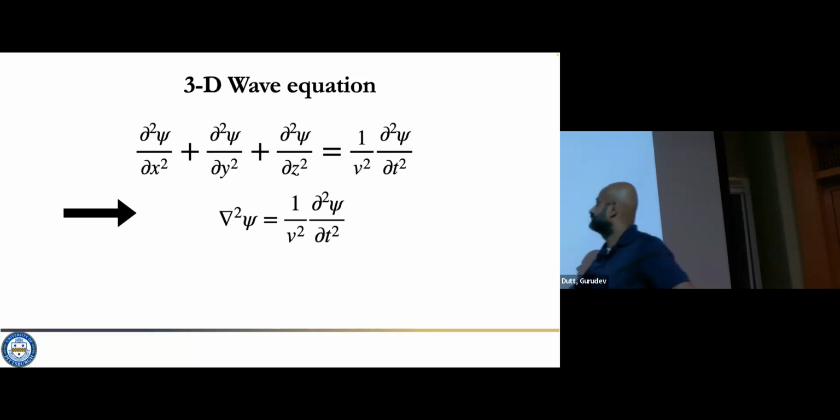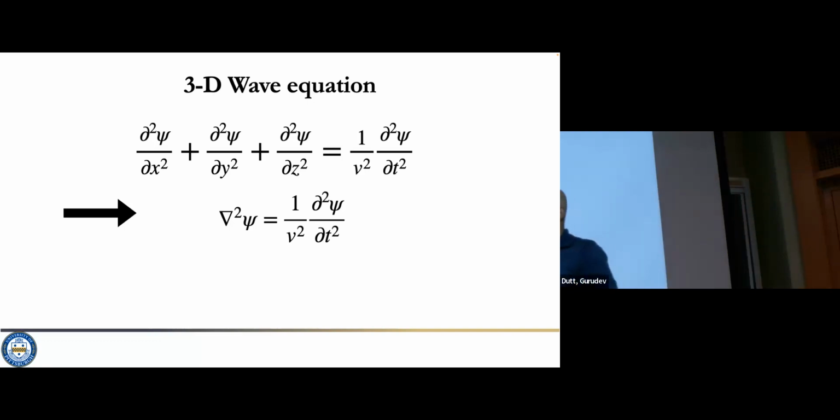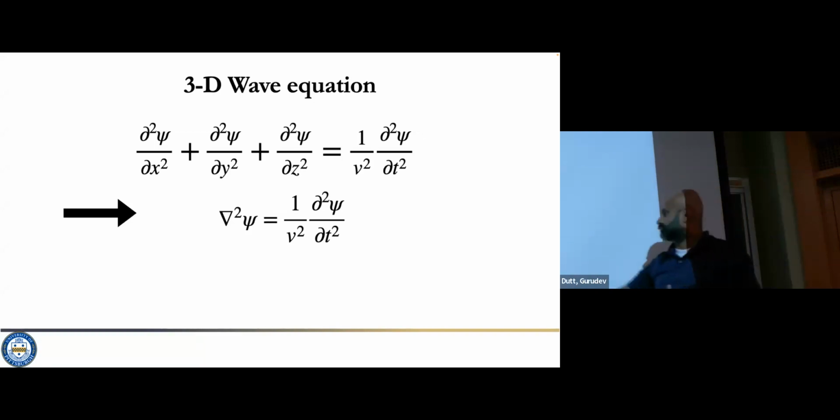Looks like several of you have, but if you haven't, it's just a symbol for ∂²/∂x² plus ∂²/∂y² plus ∂²/∂z², acting like an operator on the function. So del squared by itself has no meaning until it operates on a function, say ψ in this case. And so we're essentially shortening, writing down all these terms as just one term: del squared ψ equals 1 over v squared, ∂²ψ/∂t².